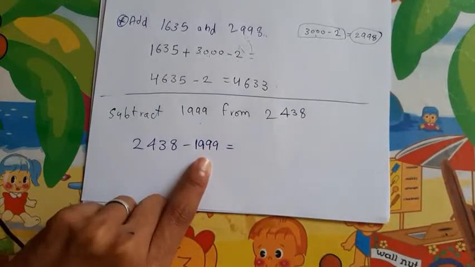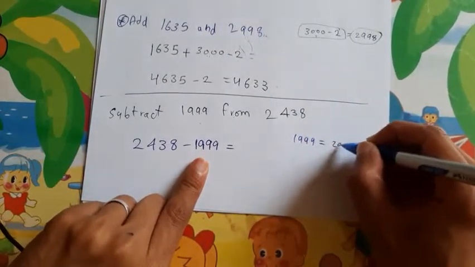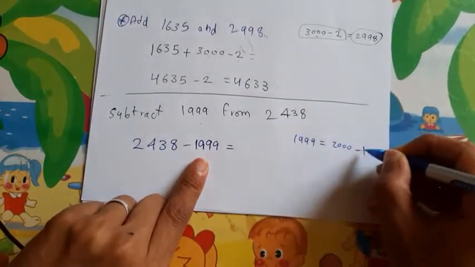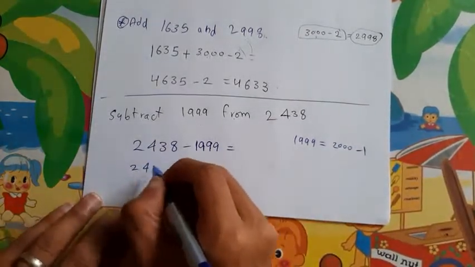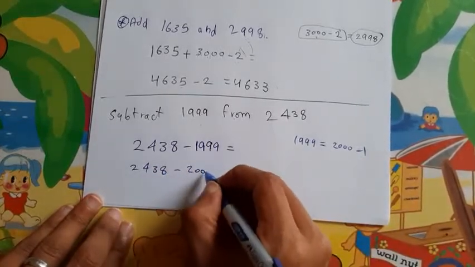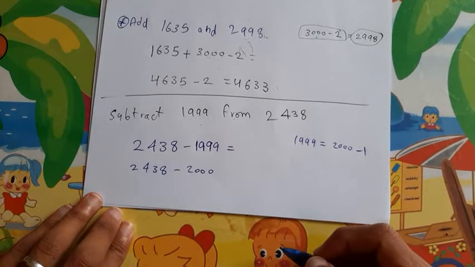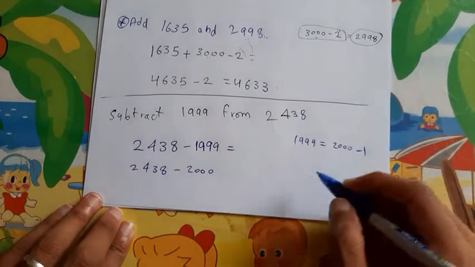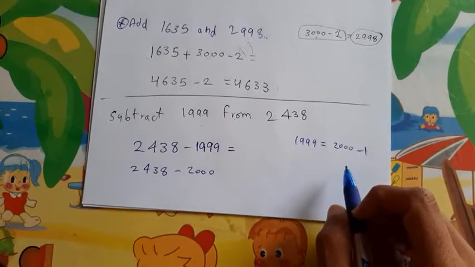Yes. 1999 equals what? 2000 minus 1, right? This gives me the same as this. So I'm going to say 2438 minus 2000 minus 1. Sorry. Yes.